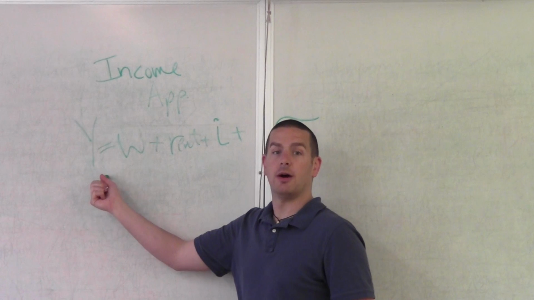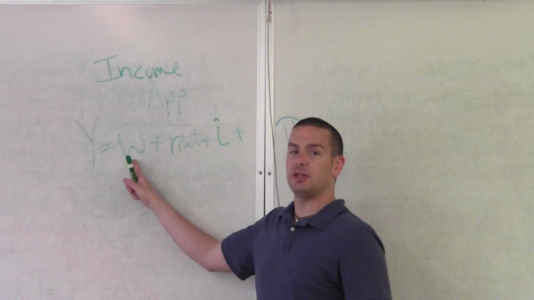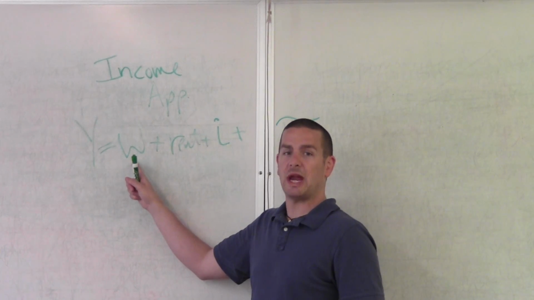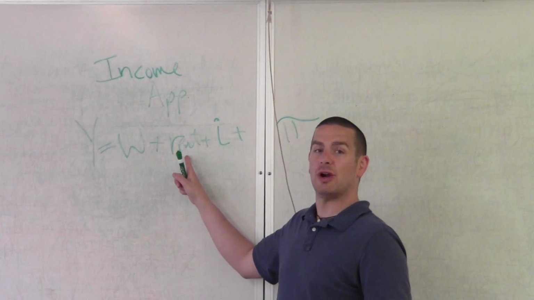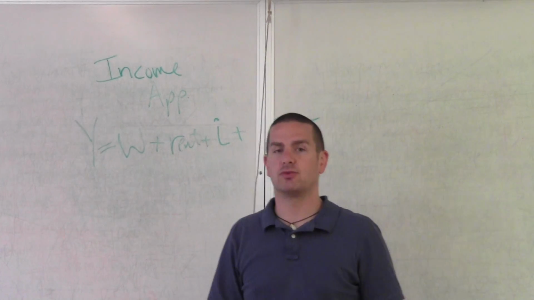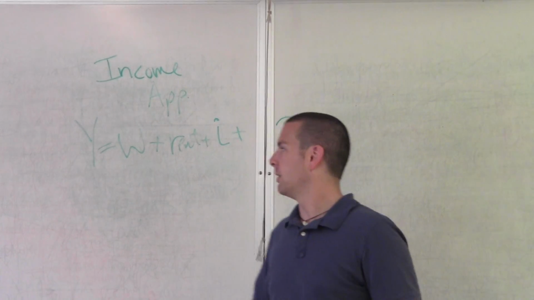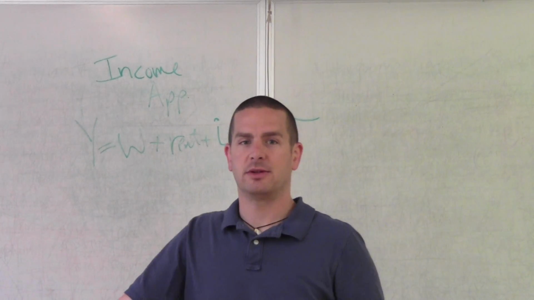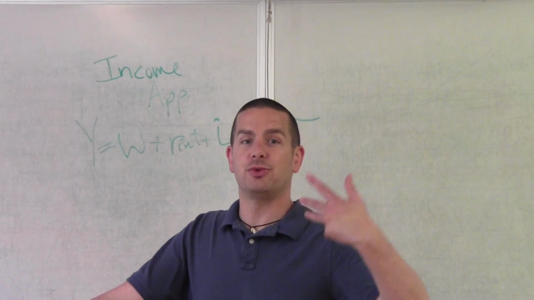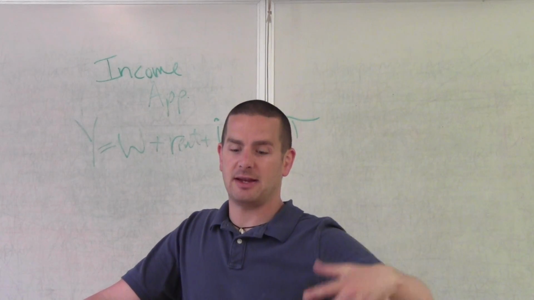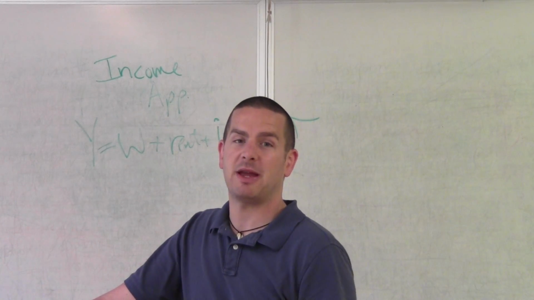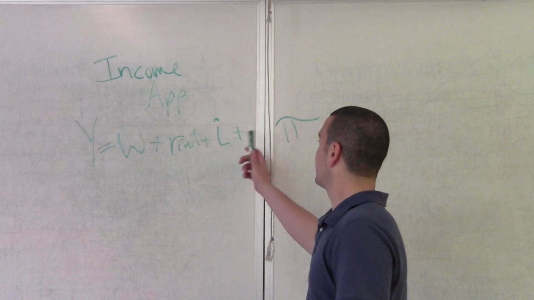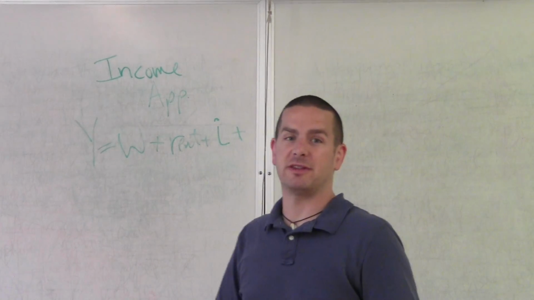Total income in the economy, Y, income, GDP, is equal to W, which stands for wages, plus rent, just what you pay every month, plus I, which stands for interest. Some of you have student debt or mortgages, you have to pay interest on that. Plus pi, which is profit.